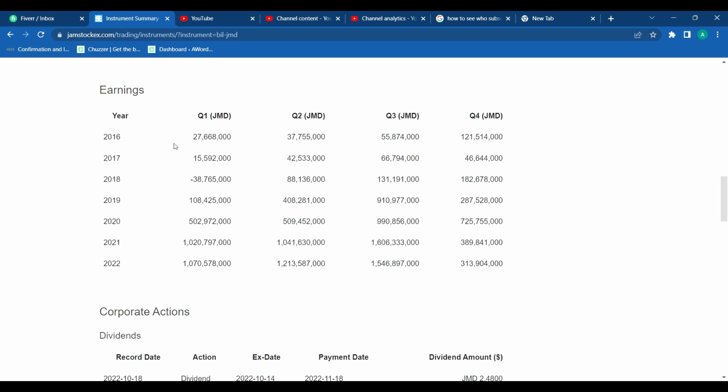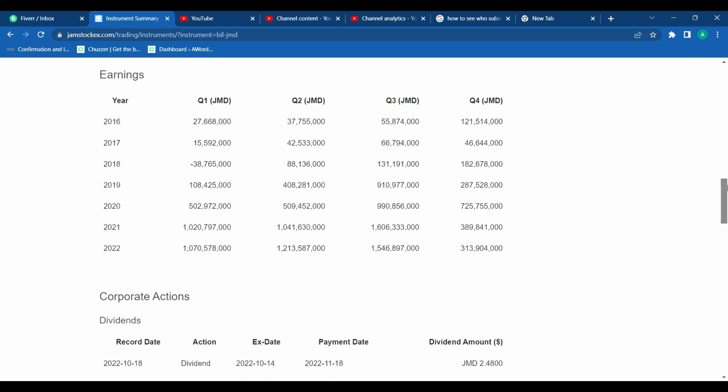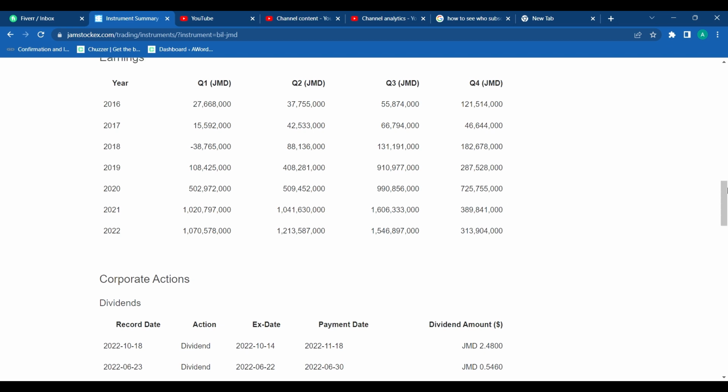In 2017, you can see they made less in quarter one of 15 million, more in quarter two, more in quarter three, and they made a lesser amount in quarter four than they did in 2016. And looking at this chart, it indicates that they only made a loss of 38 million in quarter one of 2018, but their profits steadily climbed throughout the years in each quarter.